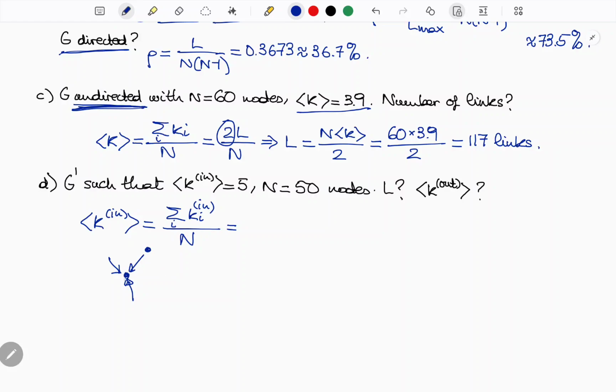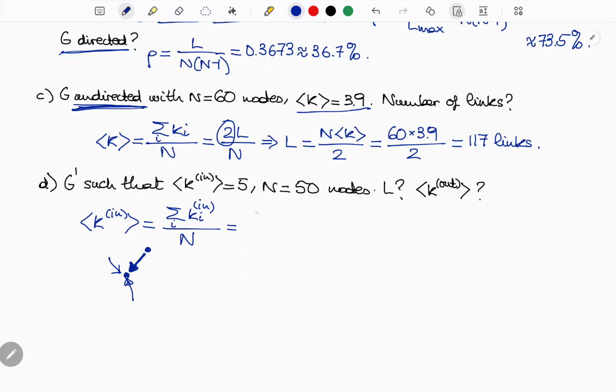Even if I'm going to count also for this other node, this is not like in the case of an undirected network, where I would be counting this link twice because it is undirected. Since this is a directed link with an arrow, I'm only going to count each of these links once.